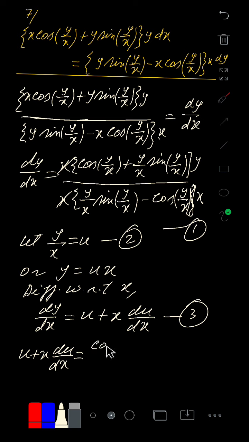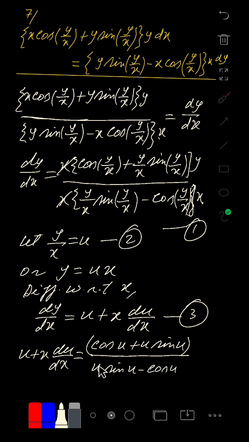So cos u plus y upon x becomes u sin u bracket close divided by, here in the denominator y upon x becomes u sin u minus cos u, and as we have outside these two brackets y in the numerator and x in denominator, so it is also y upon x, so it becomes u.